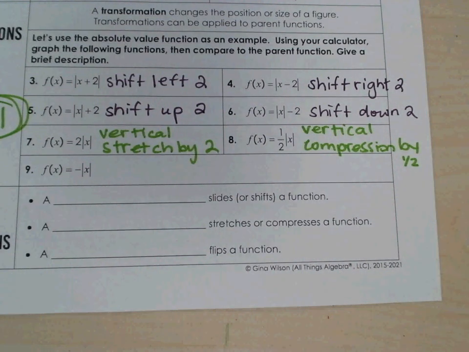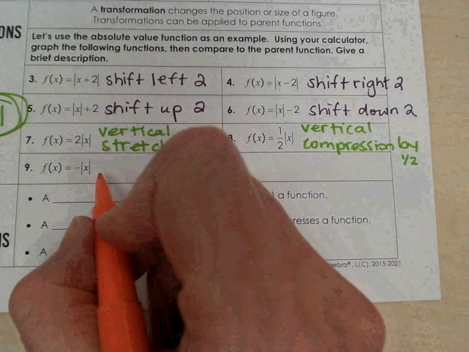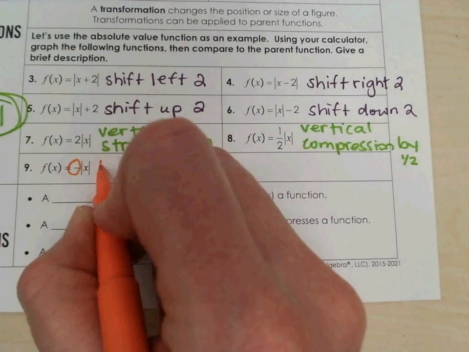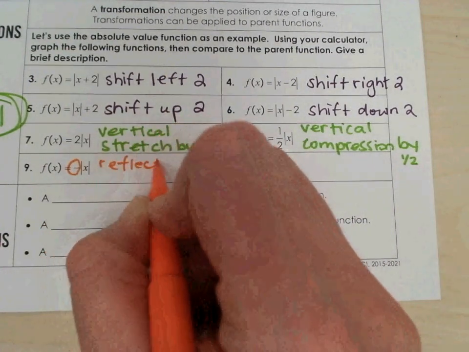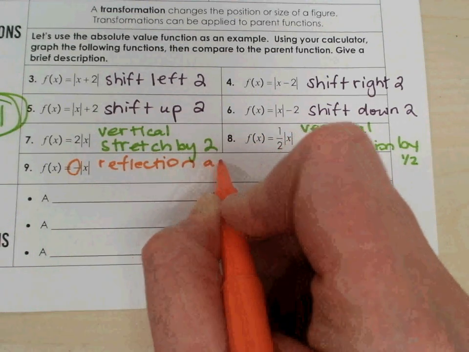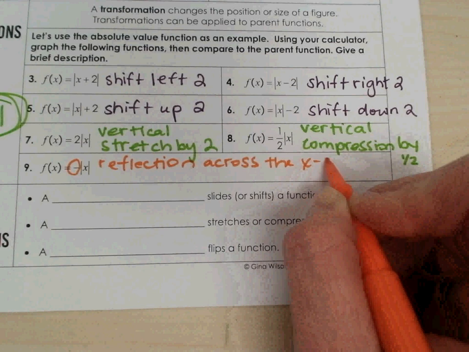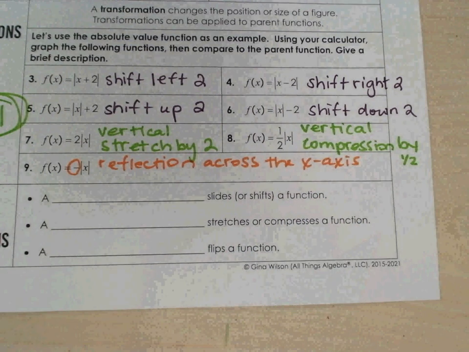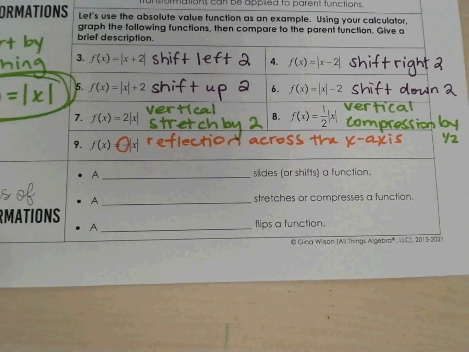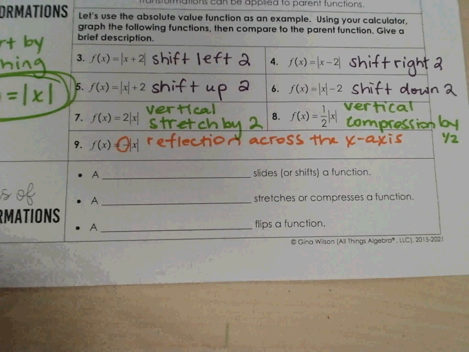Reflection, that's the right word, like you see yourself in the mirror, it's a reflection. So this produces a reflection across the x-axis. This minus sign here creates a reflection across the x-axis.